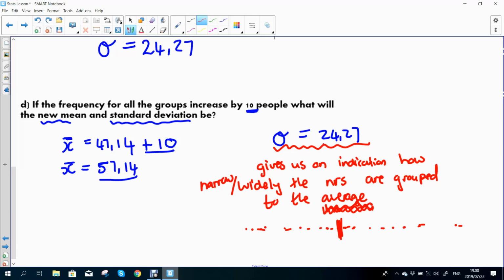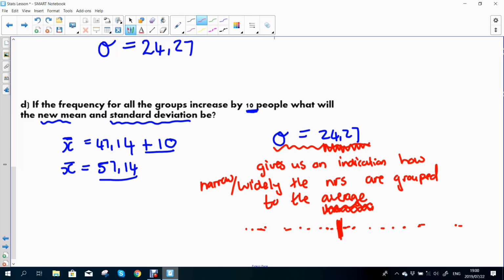And at the moment, this is a massive standard deviation, guys, which means that my numbers are fairly stretched out. There's lots of variation in the spread from your average. They're not closely grouped around your average.